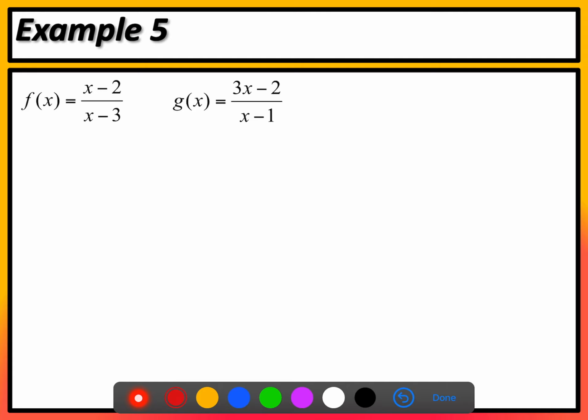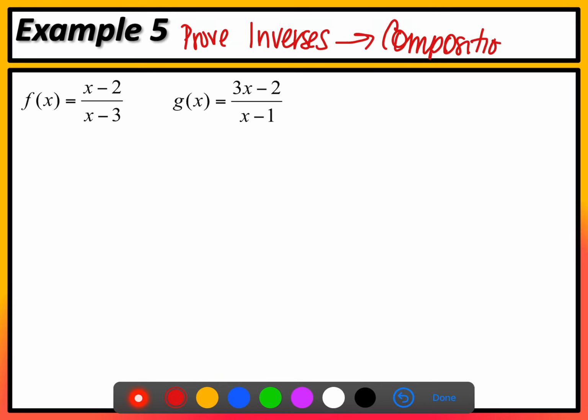We want to prove that they are inverses. Okay, so that means we have to use composition. And we know that means doing f of g of x as well as g of f of x, and we get the same result of x each time.